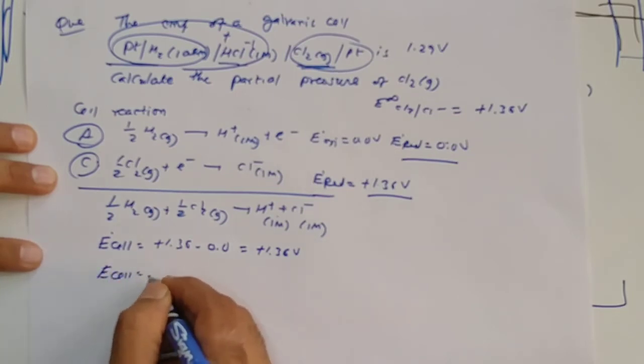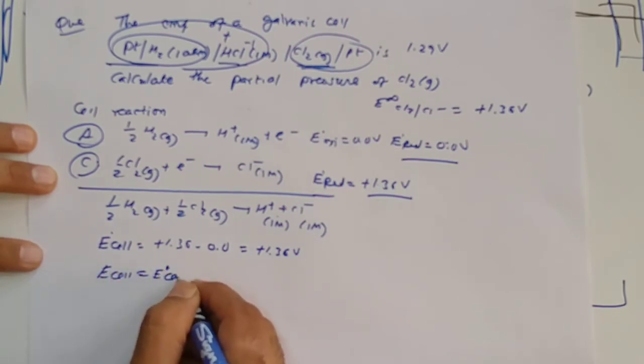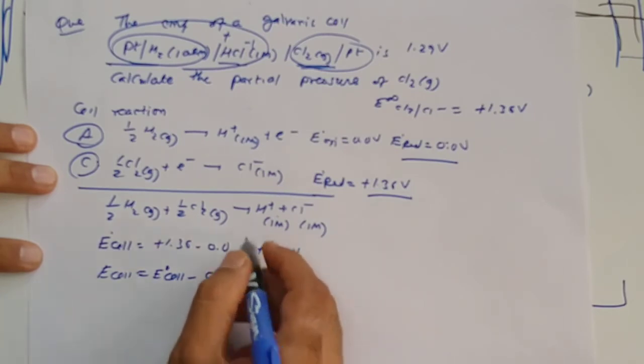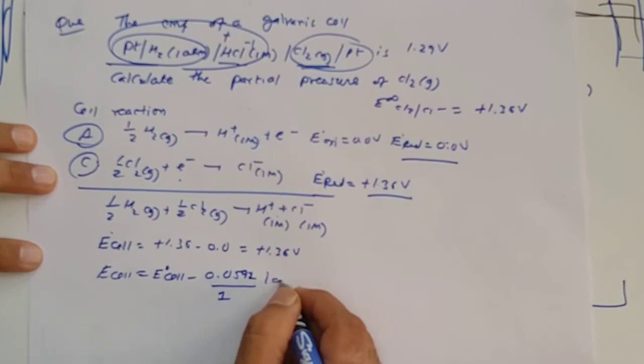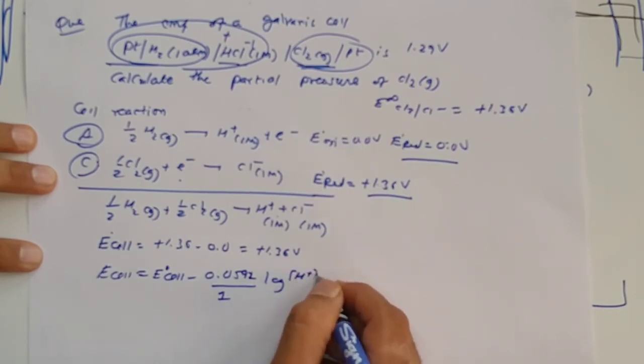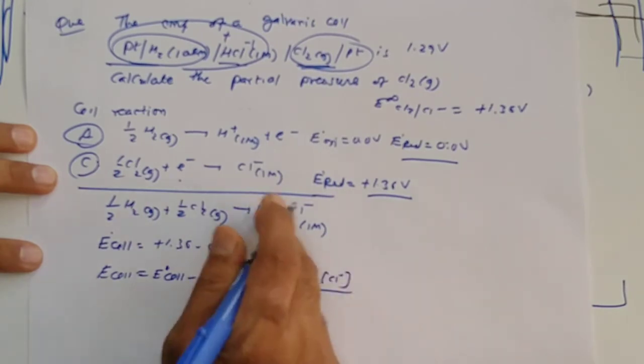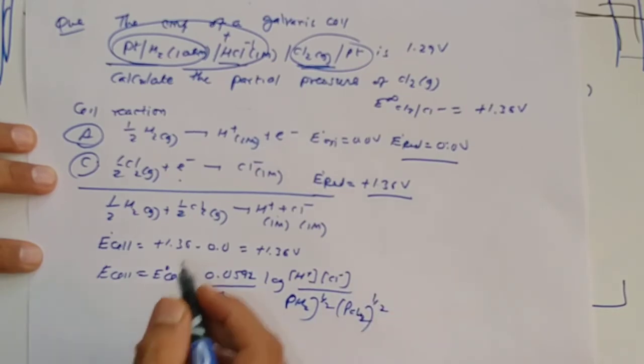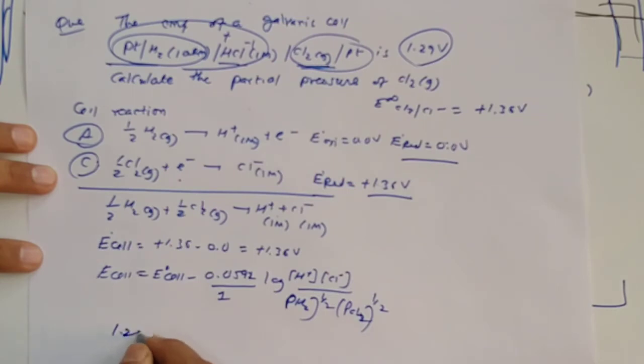Now E cell equals E degree cell minus 0.0592 upon 1 log of the concentration of H plus times Cl minus upon the pressure of H2 raised to 1 half and the pressure of Cl2 raised to 1 half. E cell is given as 1.29.